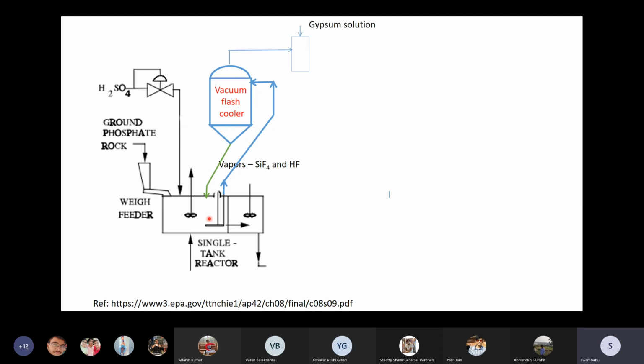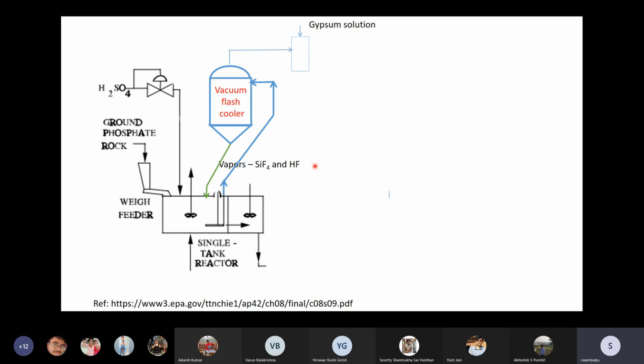Why are we using the vacuum flash column? Because even if there are some uncooled vapors, they will be taken and mixed with the gypsum solution, and sent to the gypsum storage tank, the gypsum storage place.